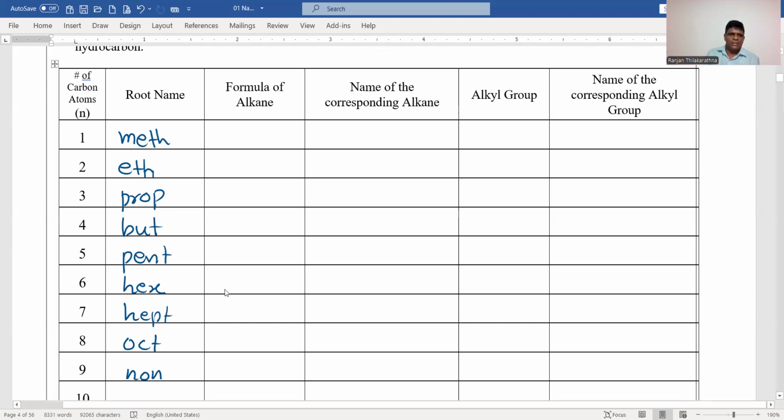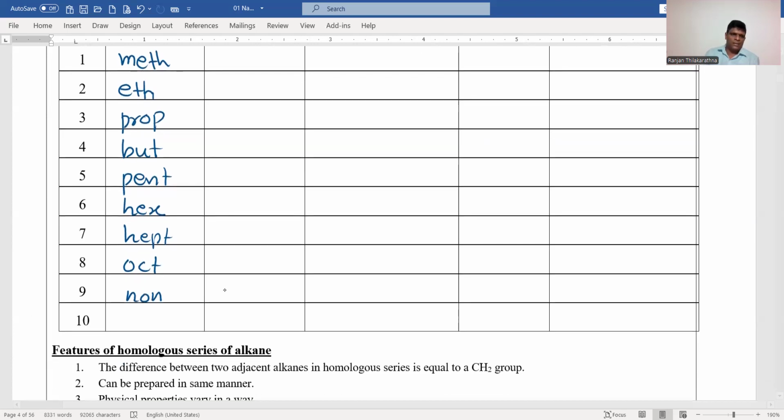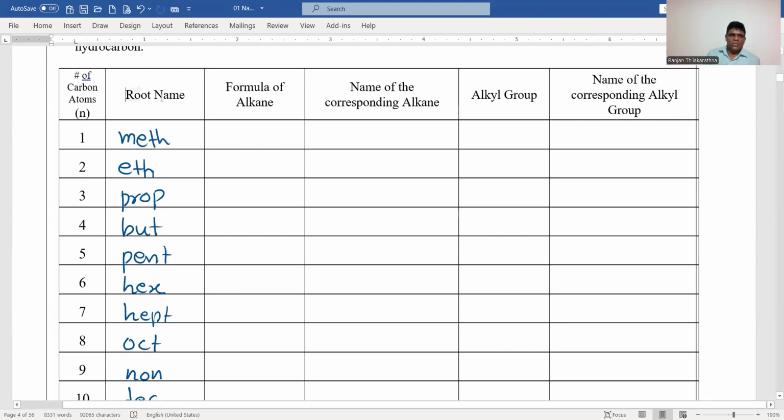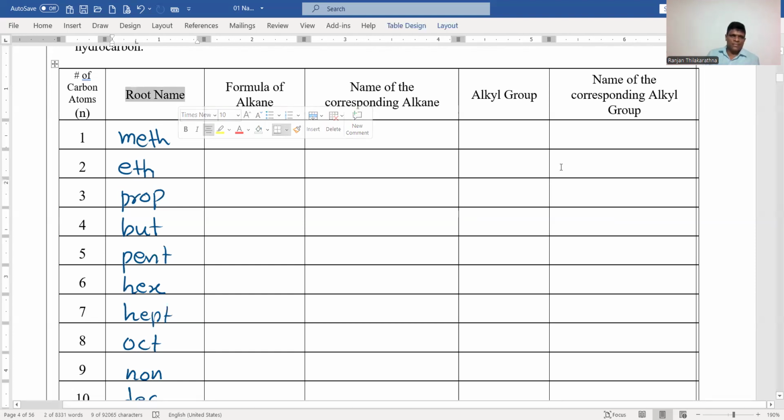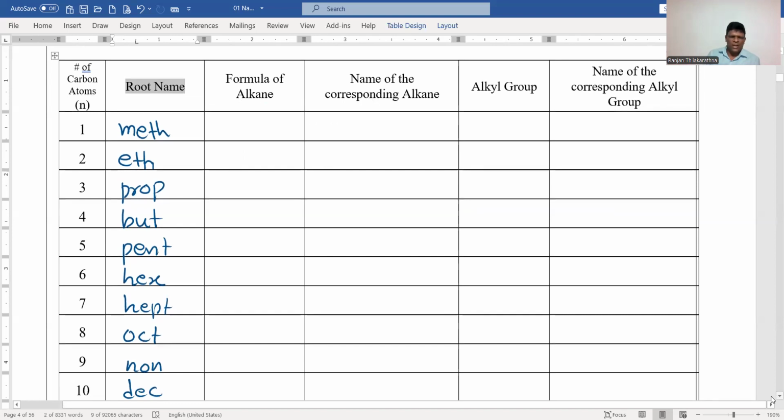And 10 carbons, dec, D-E-C. You had better use only simple letters when you write down the names. These are called the root names. Root names are given according to the number of carbon atoms available in that particular compound.